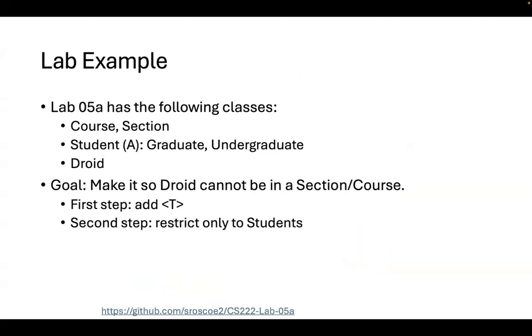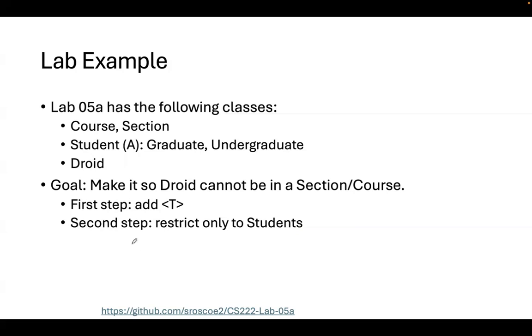So in the lab, the mini lab, I'm calling this, I will give you, we've got a course class, we have a section class, some student classes, and we want to say that I want only students in, for example, my course roster.